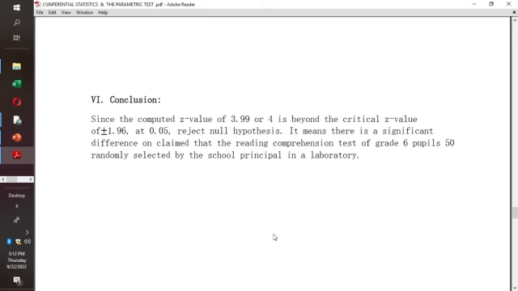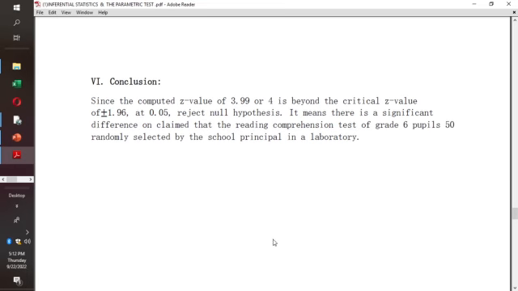Conclusion: since the computed z-value of 3.99 or 4 is beyond the critical z-value of positive or negative 1.96 at 0.05 level of significance, reject the null hypothesis. It means there is a significant difference on the claim that the reading comprehension test of grade 6 pupils, 50 randomly selected by the school principal in a laboratory school.